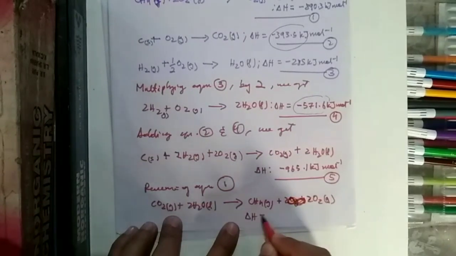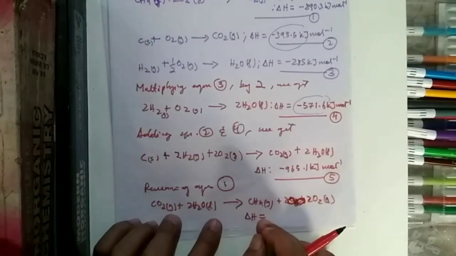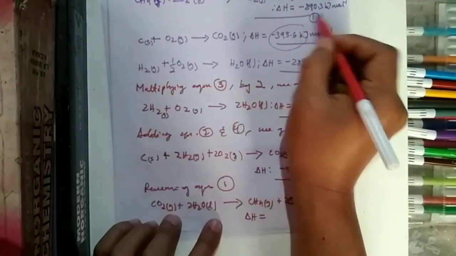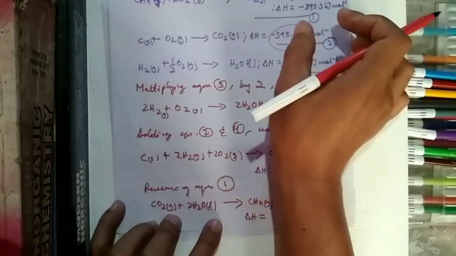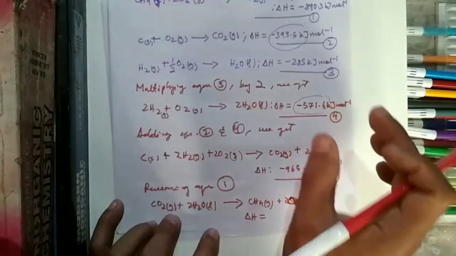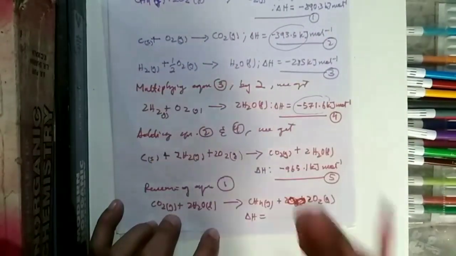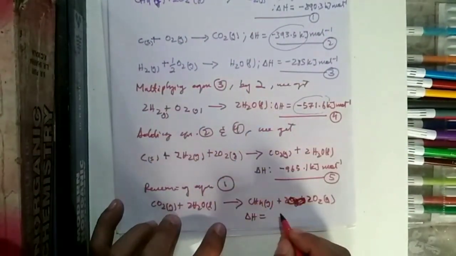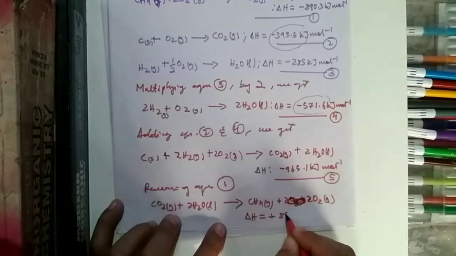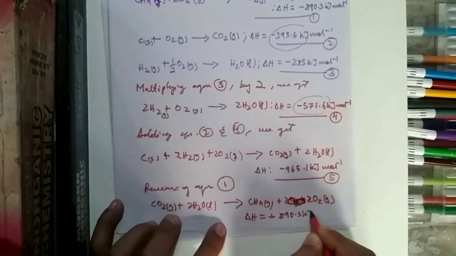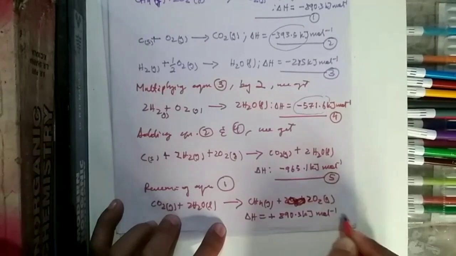Now if you reverse, the sign will change to positive. The enthalpy change will remain the same in magnitude, only when we reverse it, it will become positive. So plus 890.3 kilojoule per mole.